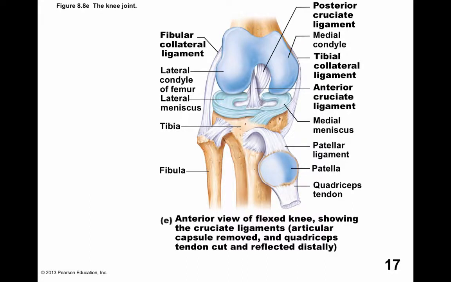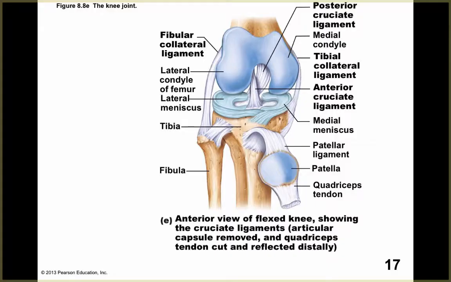Let's start with the anterior cruciate ligament, and make these purple. So the ACL is right here. You can see anterior is towards the front, and cruciate is the type, it's in the middle.